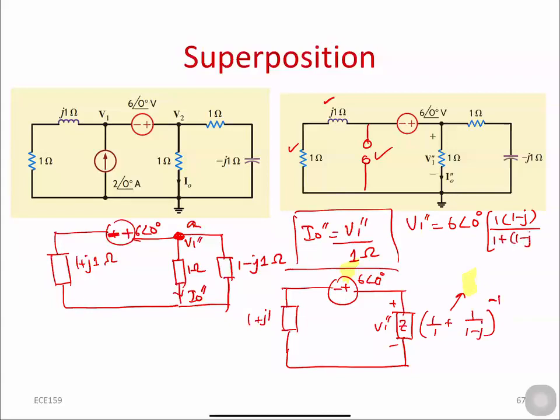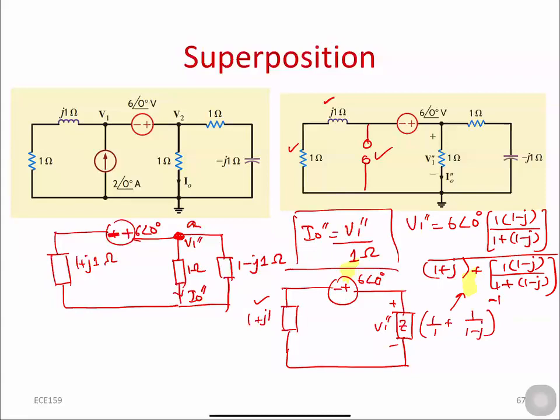After solving this one, divided by 1 plus j, plus 1 into 1 minus j divided by 1 plus 1 minus j. Right?